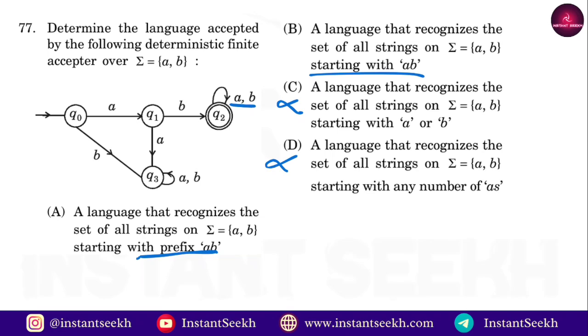You might get confused in these two options, but it is not the same. The correct answer will be answer A, that is starting with prefix AB. So the language recognizing this set of strings should be starting with prefix AB. So your right answer for this particular question is answer A. Let's move on to the next question.